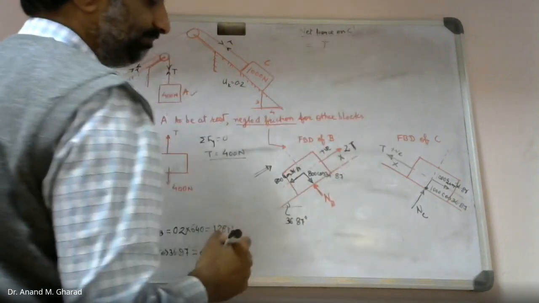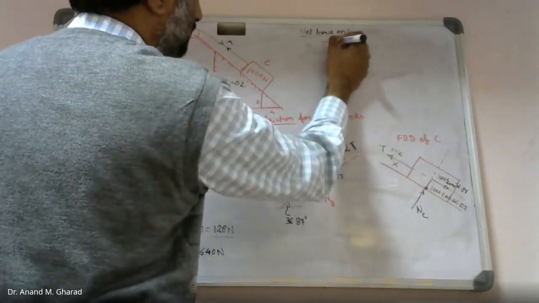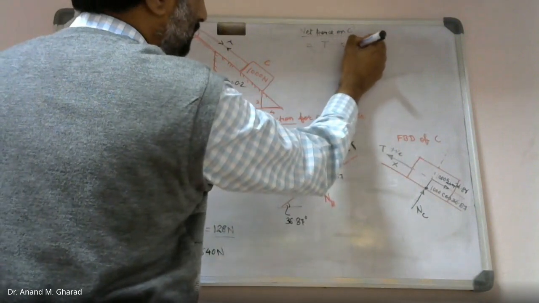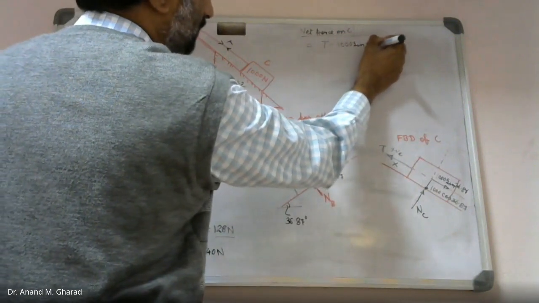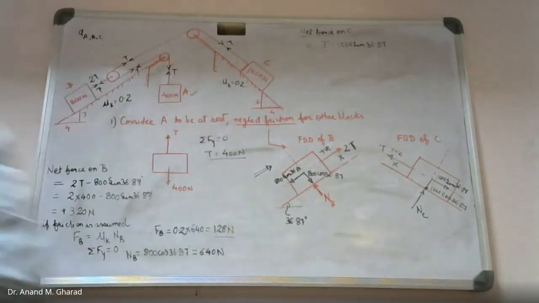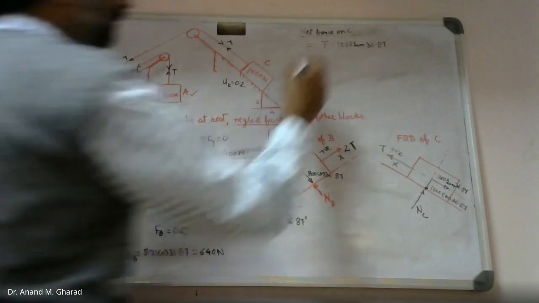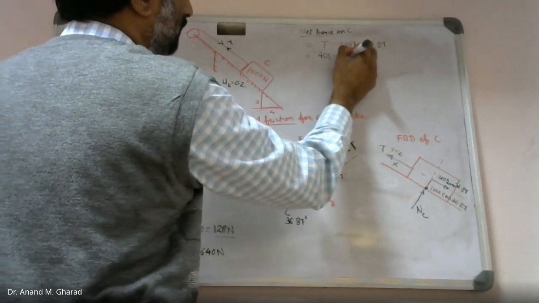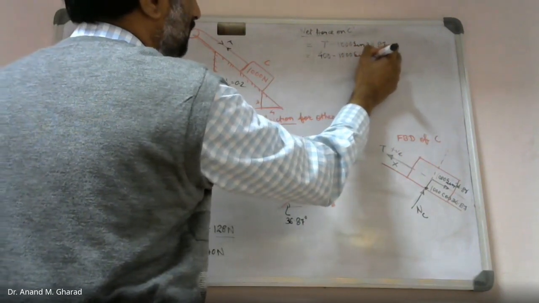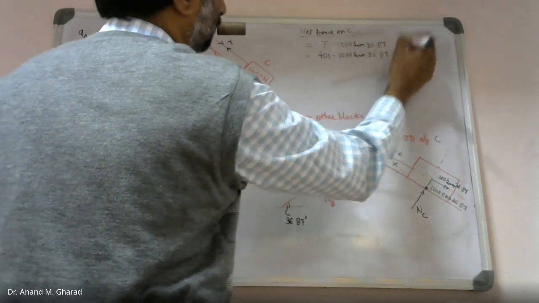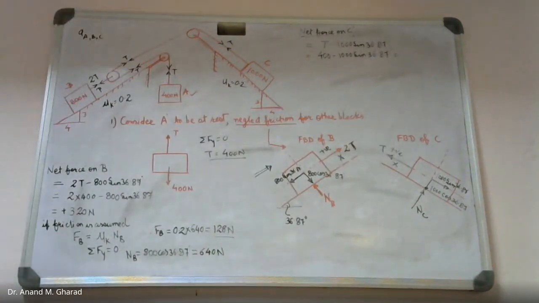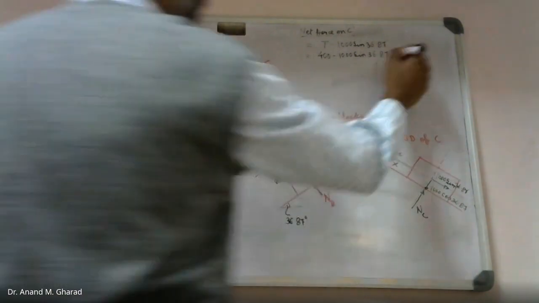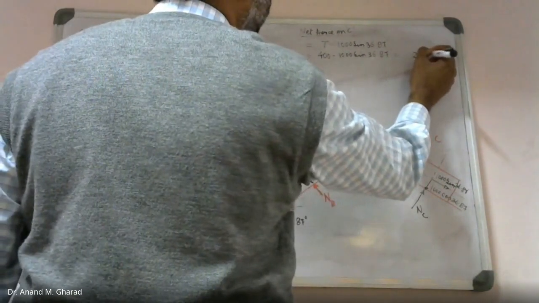T. This is negative, so minus 1000 sine 36.87. Okay, substitute the proper value. This is 400 minus 1000 sine 36.87. Find out the value. How much do we get? Minus 200. Okay, minus value. Minus 200 Newton.